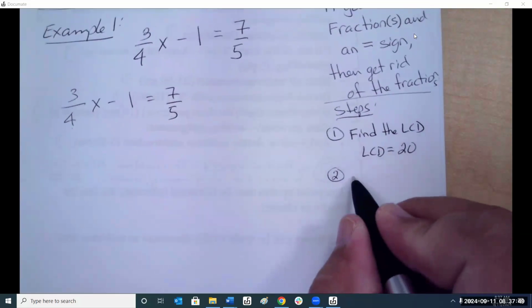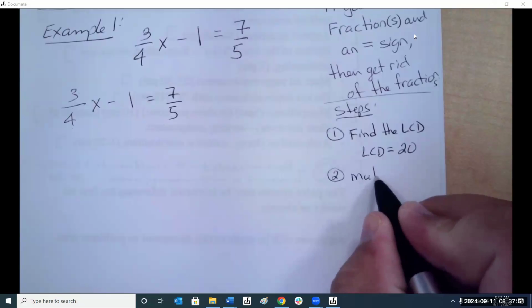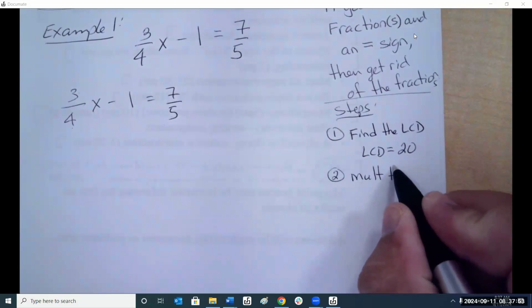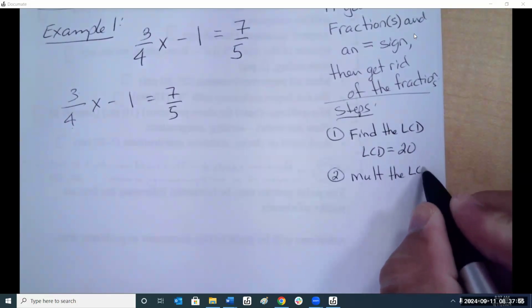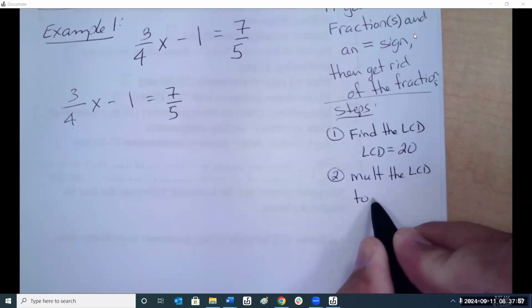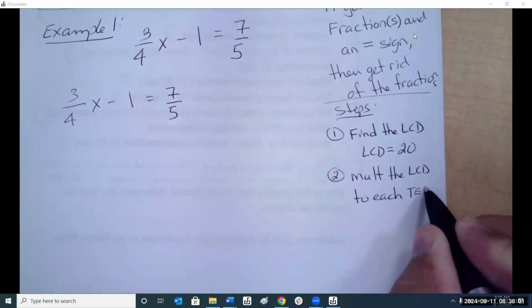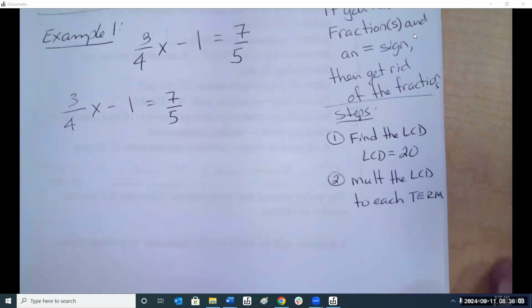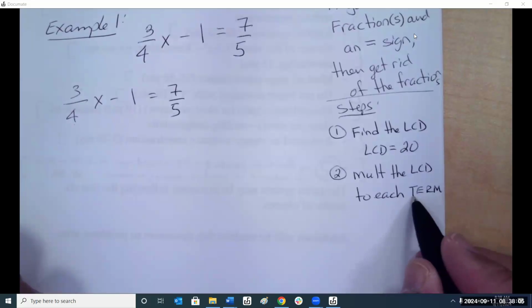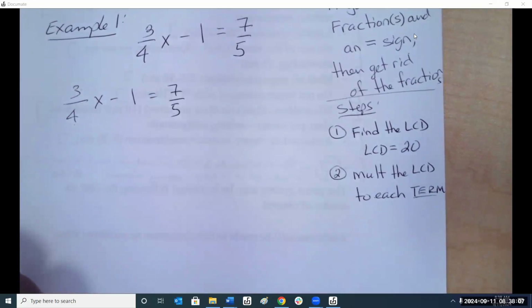Once you do that, multiply the LCD to each term. What is a term? Numbers and/or variables involved in the addition. So how many terms do we have here?